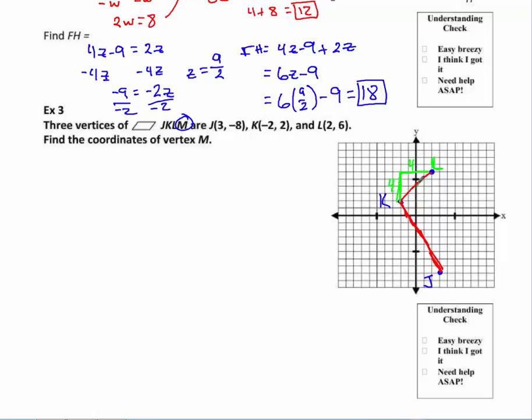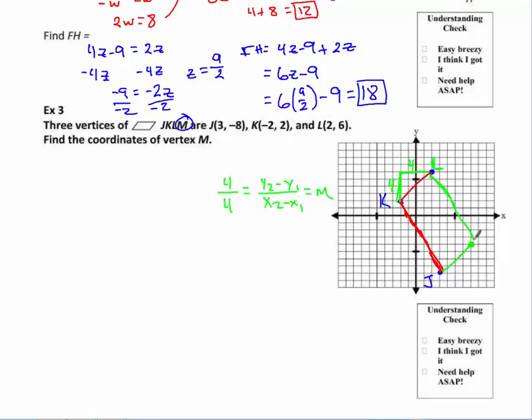But what we really found when we did our 4 over 4 is we found our y2 minus y1 over x2 minus x1, which is our slope. And since we're working with parallelograms, we know the other side needs to go up 4 and over 4. So that's where our point would be to finish this parallelogram out.